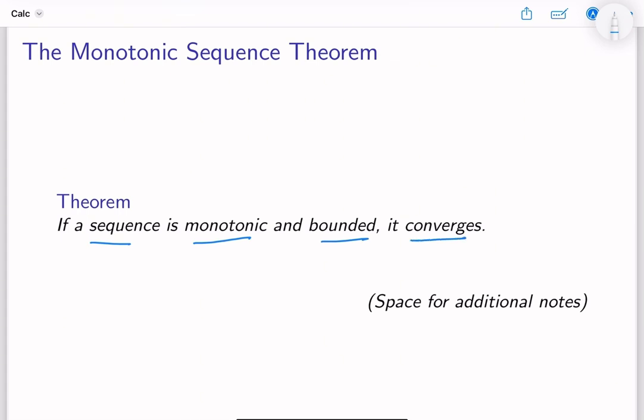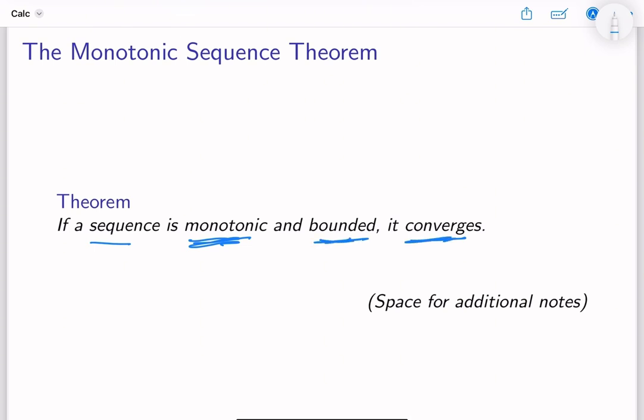So what does it mean that a sequence converges? It means that the limit exists, right? It means that when you compute the limit, it will be a number. It won't be infinity, or as in the case of (-1)^n, it won't be the case that the limit doesn't exist. So the limit exists and it's equal to a number. So a sequence that is both bounded and monotone is convergent.